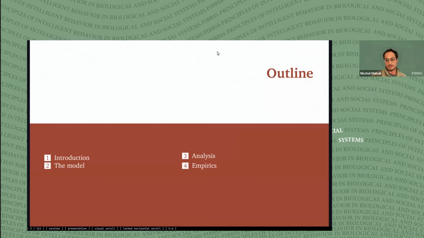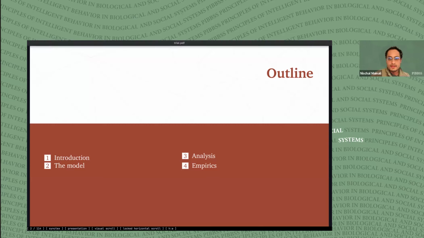And then another long part of analysis where we'll look at how the model learns, its dynamics throughout the training period, and what it ends up learning, and how it can do in-context learning. And finally, there will be some empirics on verifying the model against simulation and relating it to perhaps more real-world models. And then I'll end with some conclusions and thoughts on future work, limitations, implications, and so on.